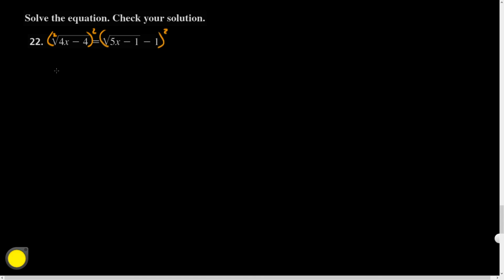Now the left-hand side here is easy peasy. But the right-hand side is going to require me to apply the a plus or minus b all squared pattern, right? The square of a binomial, which is equal to a squared plus or minus 2ab plus b squared.